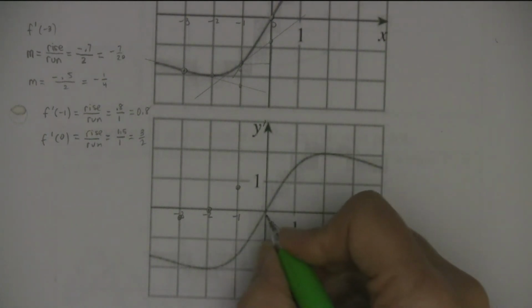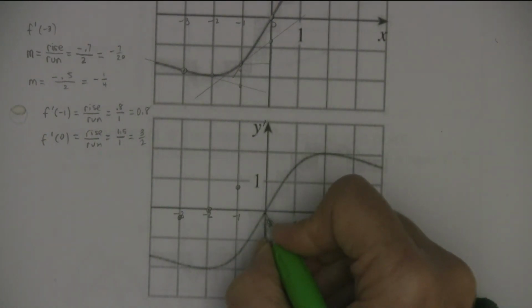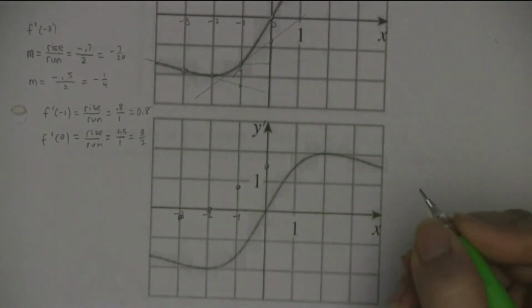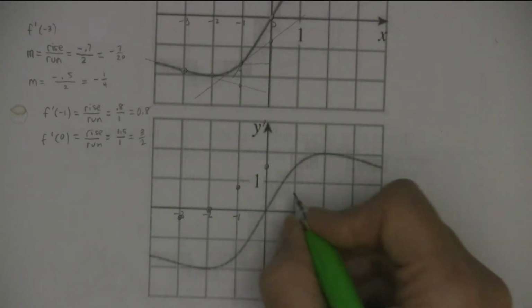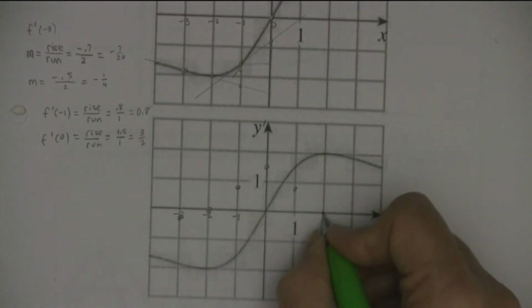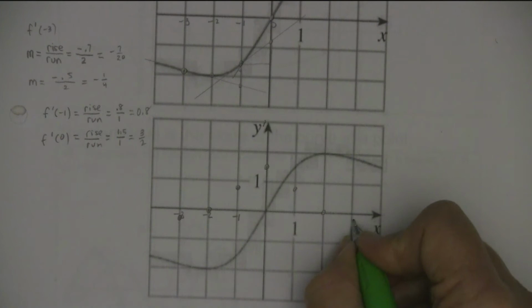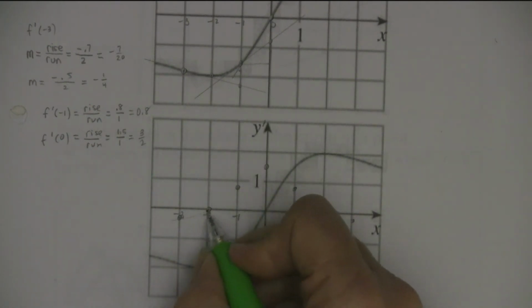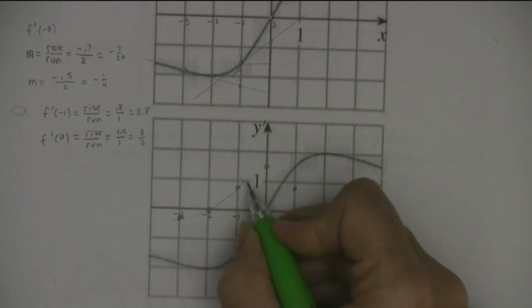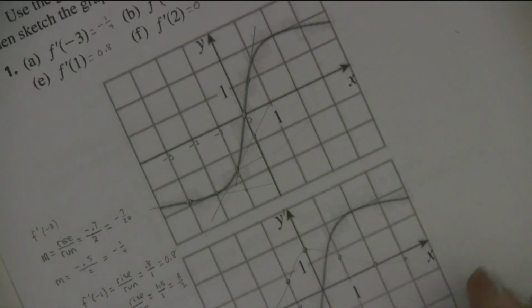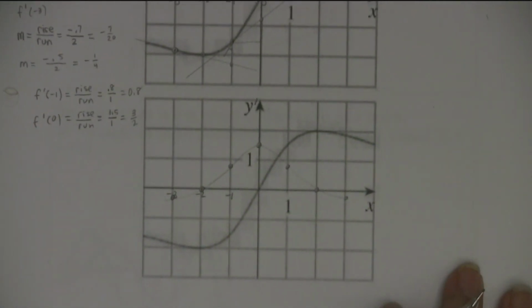Maybe you said it was 1. And at 0, it was 1.5. And then mirror image, right? So somewhere along this line is the graph of the derivative.